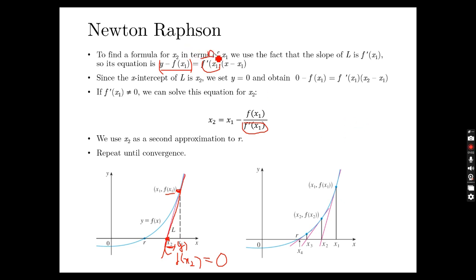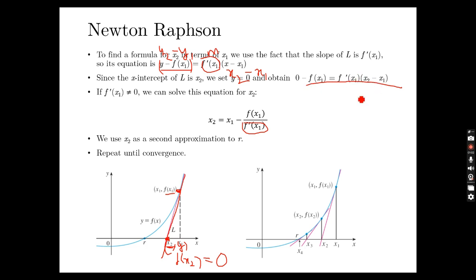So my slope is f prime of x1, and y minus f(x1) is equal to slope times (x2 minus x1). Now I know that my y is 0, so if I put y as 0 over here, I get this equation, right? 0 minus f(x1) equals f prime of x1 times (x2 minus x1).